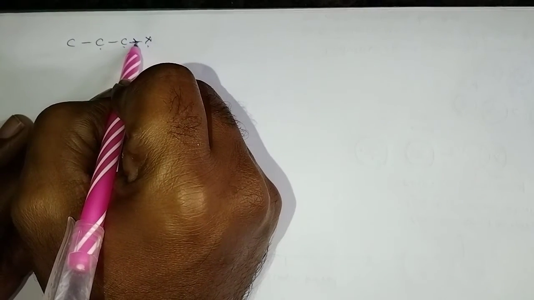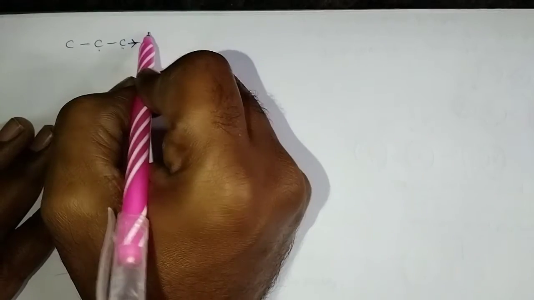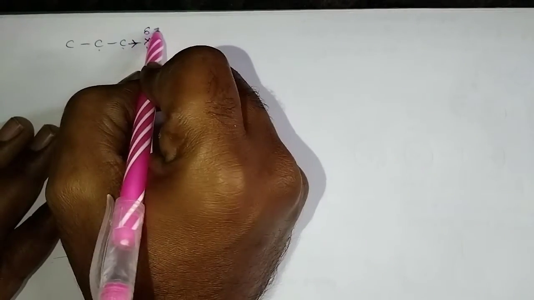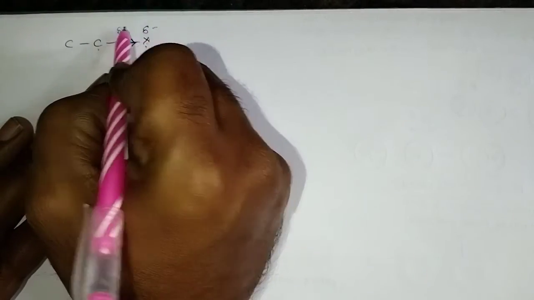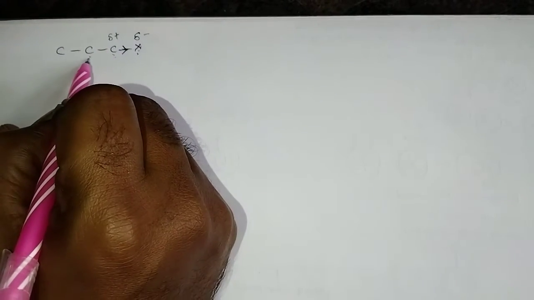The shared pair of electrons or sigma electrons are transferred from this carbon atom to here, and automatically this will get partial negative charge and this carbon will get partial positive charge. Now this is a charged atom and this is a neutral atom.